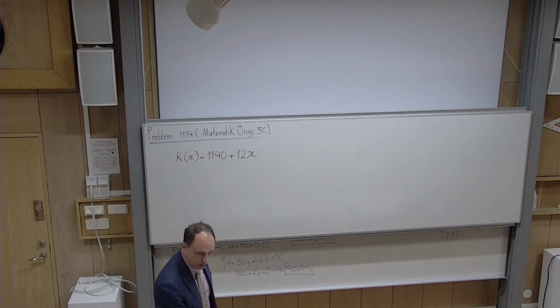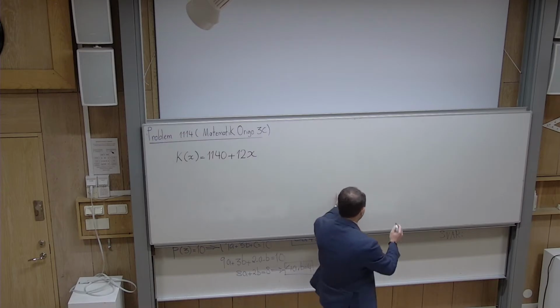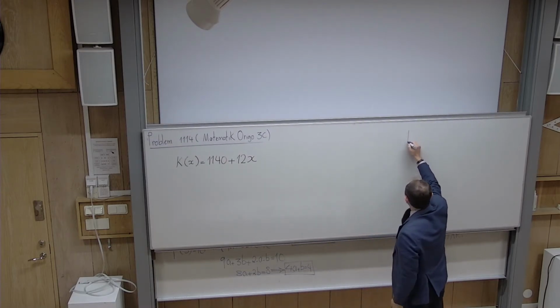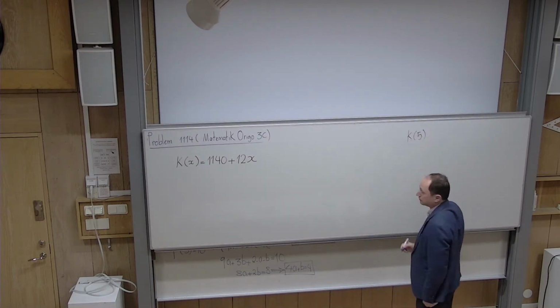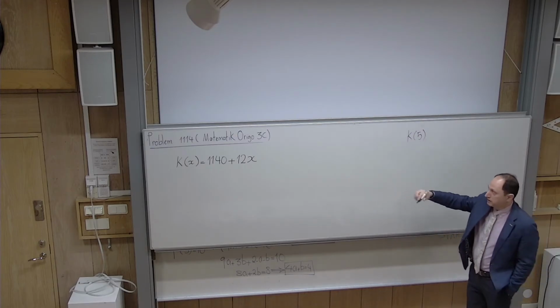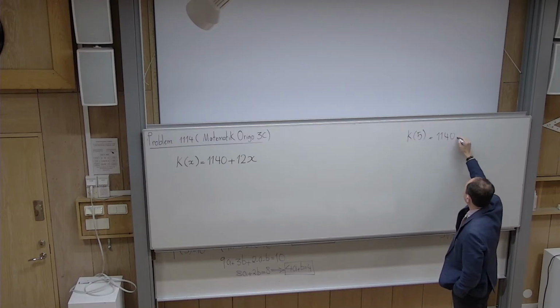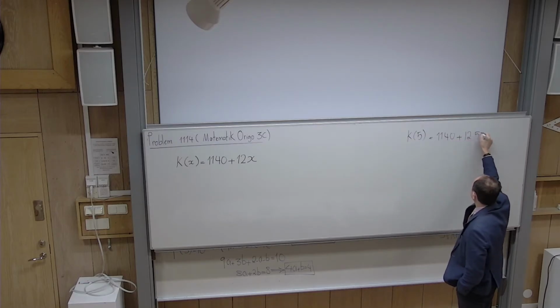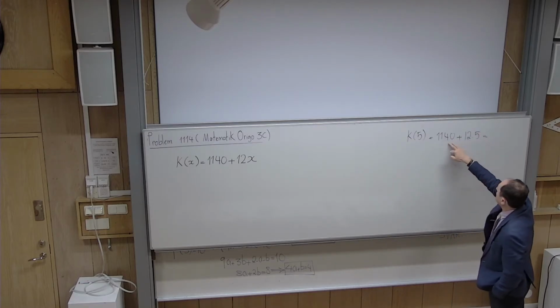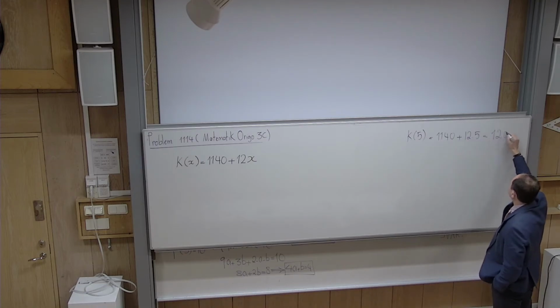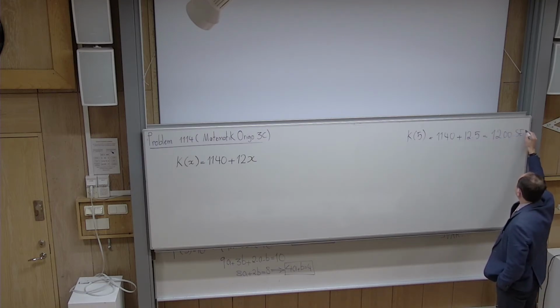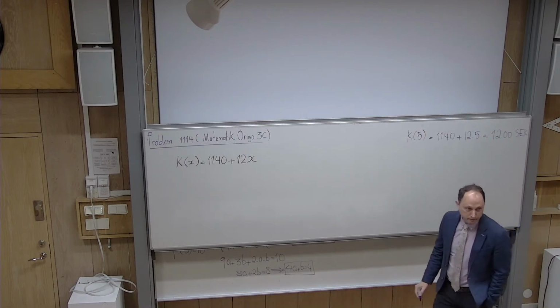Let us calculate. For example, I'm just talking hypothetically. So then you calculate k of 5. It's a polynomial of degree 1, by the way. So what happens, it is 1,140 crowns plus 12 times 5, which is 60, and then you add it here. It becomes this much. Yes? So you pay this much.